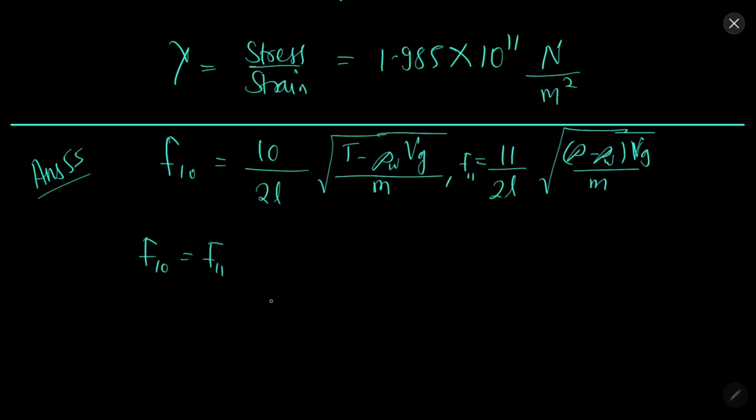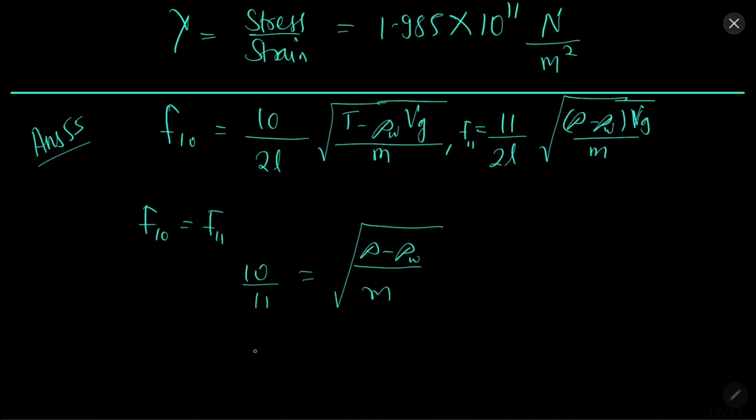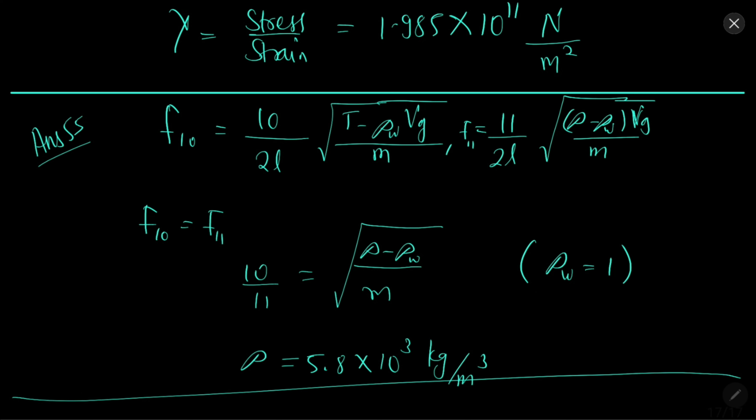When we do this, 10 over 11 equals root of rho minus rho W over rho. So rho W is 1, the density of water, and rho will come out to be around 5.8 into 10 to the power 3 kilogram per meter cube.